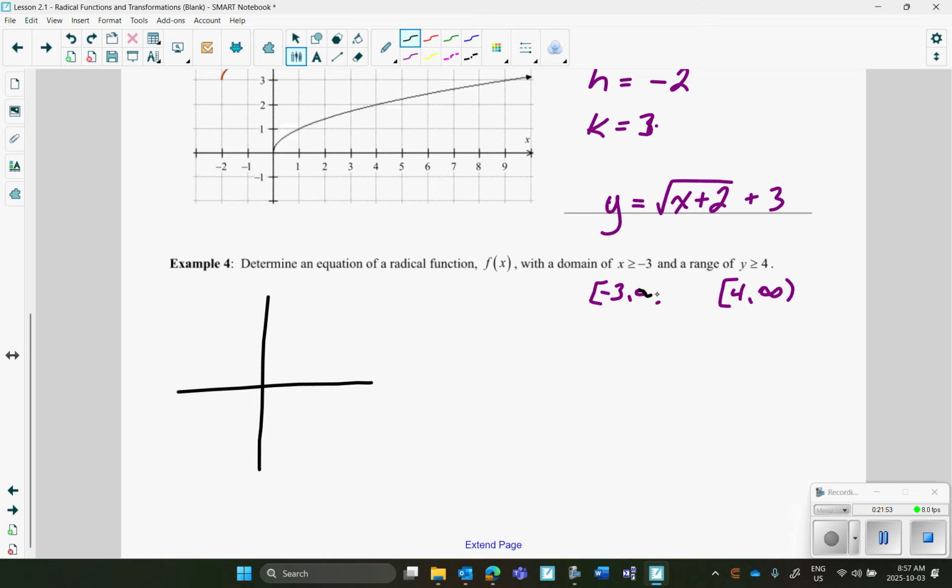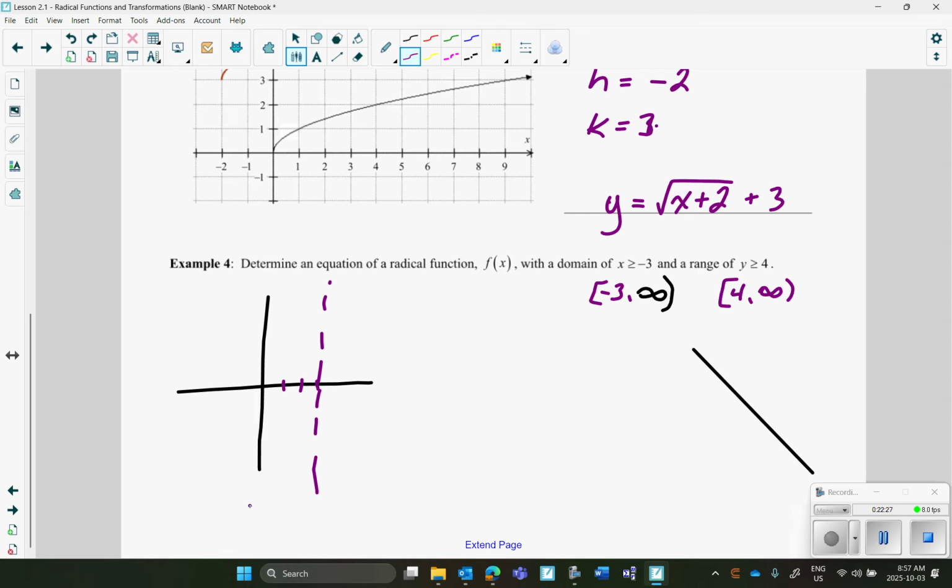So it starts at -3, like the furthest x value is -3, and then it goes to the right forever. So if we go here, it starts somewhere here, and then it goes this way.